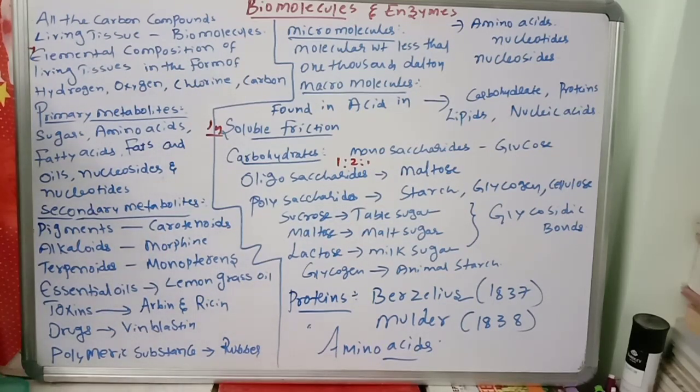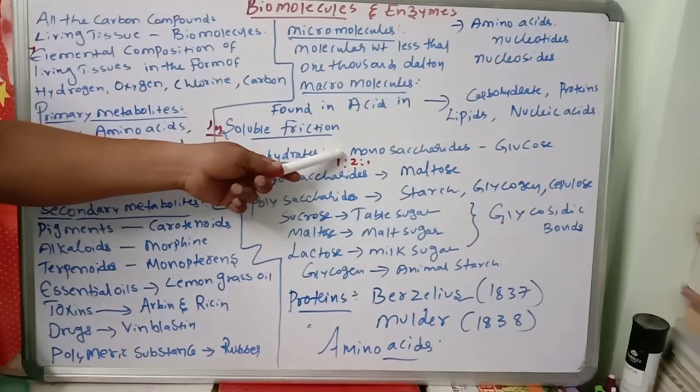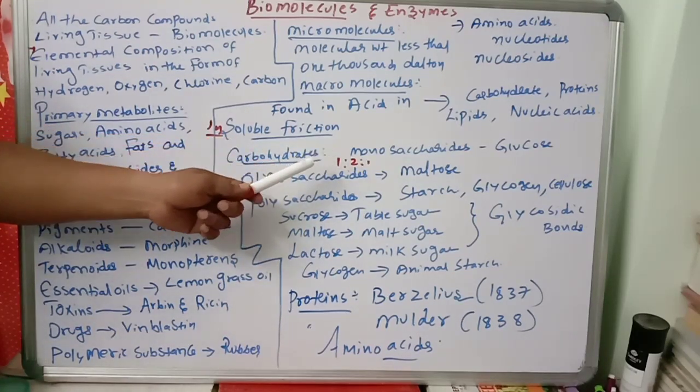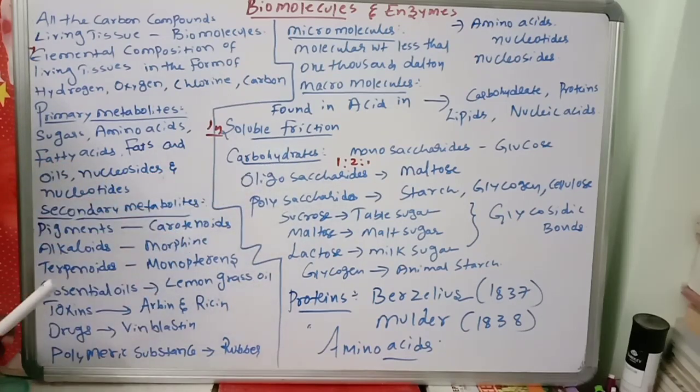What is the use of the different types of polysaccharides and monosaccharides? Monosaccharides are helpful for the production of sweetness, milk sweet: glucose, fructose, galactose. Oligosaccharides are present in germinating seeds: sucrose, lactose, raffinose.